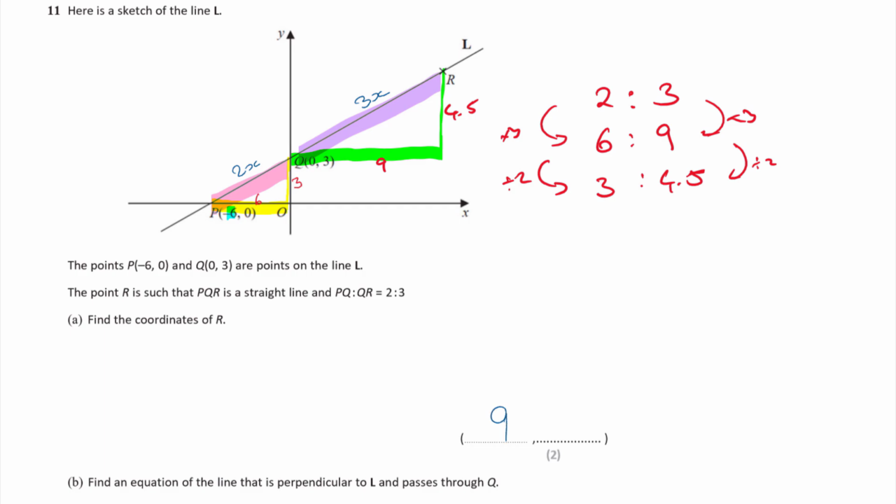Then for the Y coordinate, if I'm already at 3 in the direction of Y and I go up another 4.5, that's going to take me up to 7.5. So the coordinates of R are 9, 7.5.